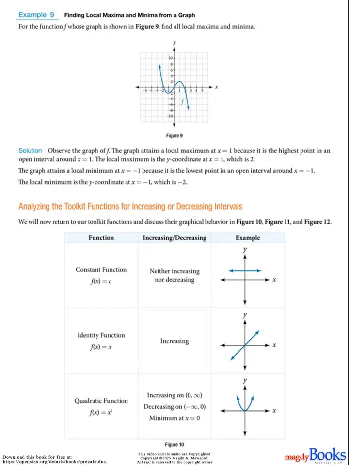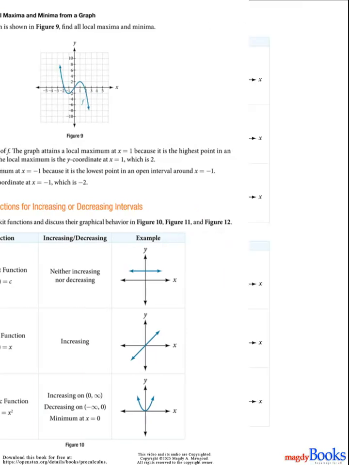Identity function. f of x equals x. Increasing. 3. Quadratic function. f of x equals x squared. Increasing on (0, infinity). Decreasing on (negative infinity, 0). Minimum at x equals 0.